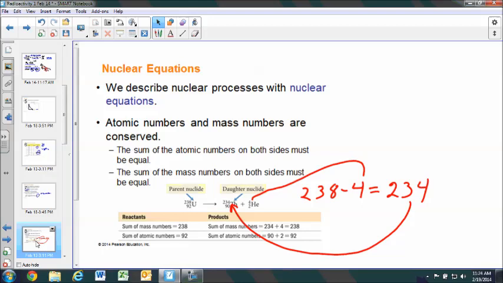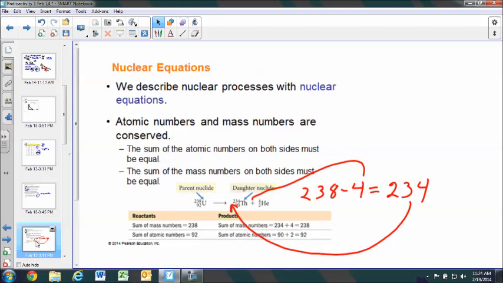The sum of the mass numbers in the product would be 238. The sum of the atomic number, 92, will give you the same number as you have in the product, right? So products and reactants will have to add up. Now, something that we're going to be looking at next Friday: in the case of helium, you have 2 protons and 2 neutrons.